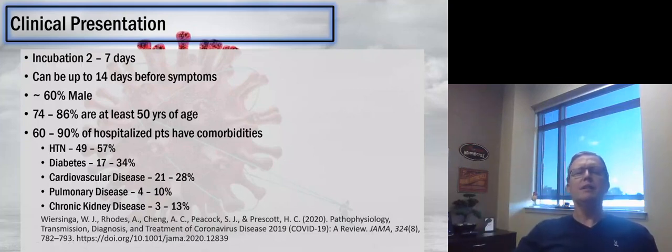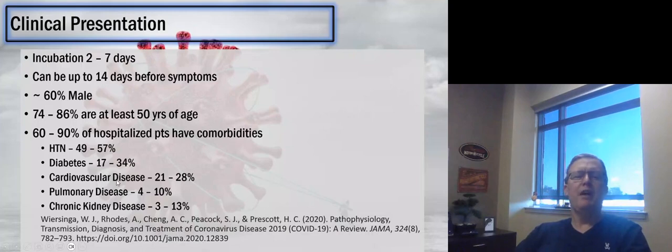So lung disease wasn't necessarily a profound comorbidity, but hypertension, because of the issues with the angiotensin 1, angiotensin 2 cascade and their receptors, those patients with hypertension were the number one highest mortality comorbidity, and diabetes was right there behind it in the 17 to 34% range, and then other forms of cardiovascular disease aside from hypertension.